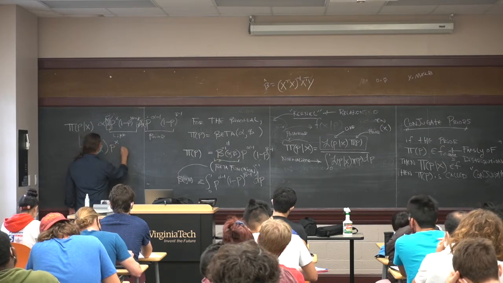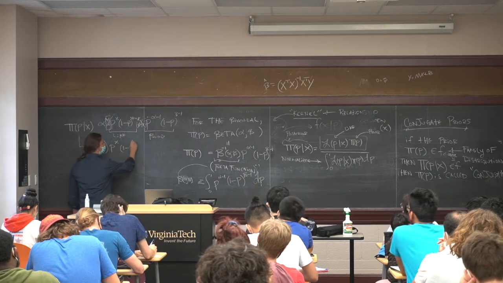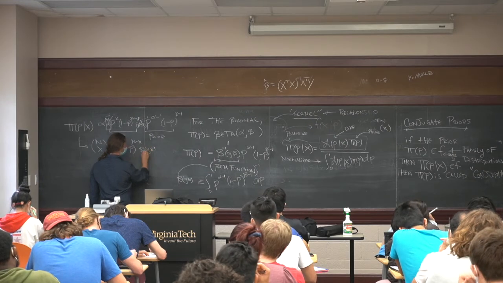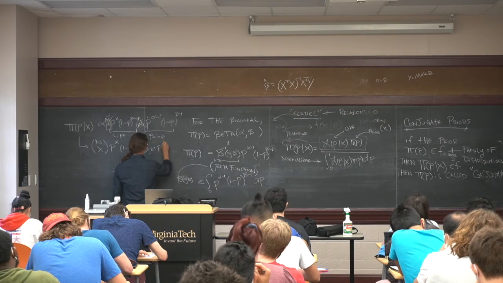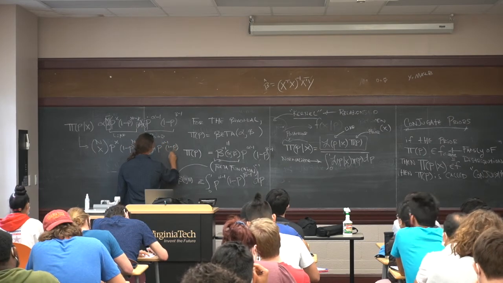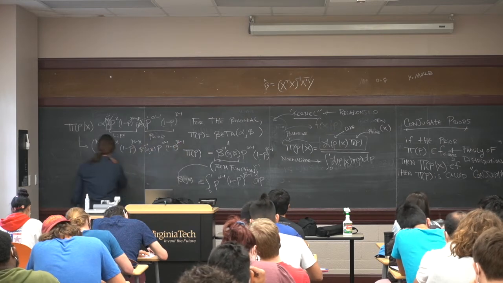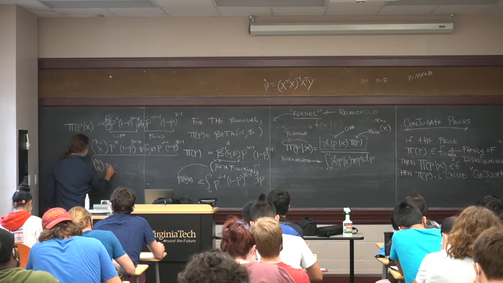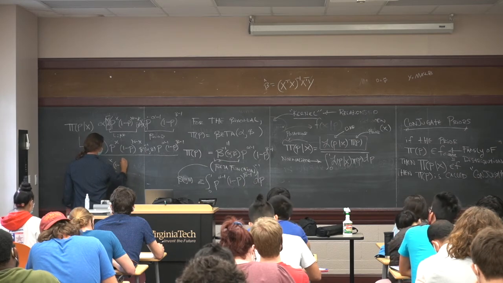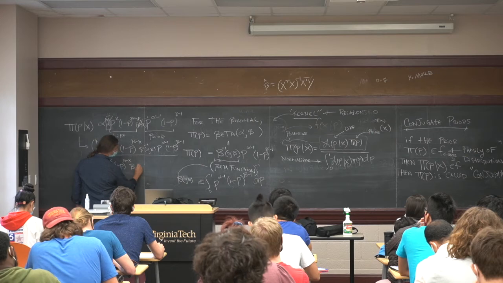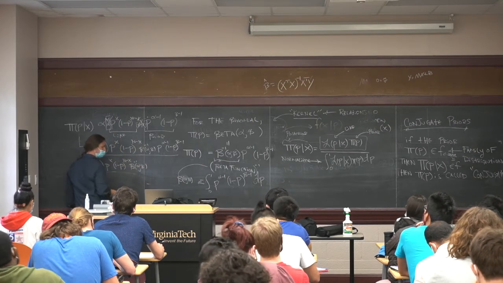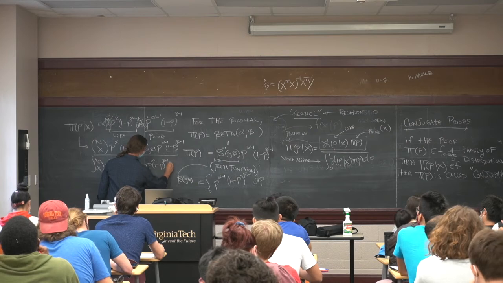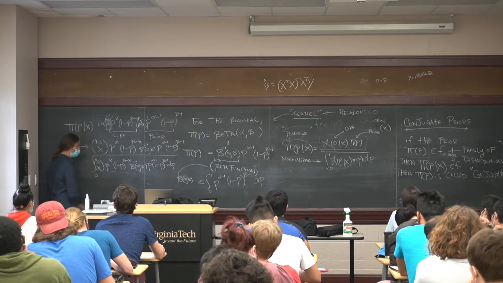So n choose x, p to the x, 1 minus p to the n minus x, beta function inverse, p to the alpha minus 1, 1 minus p to the beta minus 1. And then I divide by this whole creature. Same thing, n choose x, p to the x, 1 minus p to the n minus x, beta function inverse, p to the alpha minus 1, 1 minus p to the beta minus 1, dp. And I'm going to integrate that between 0 and 1.